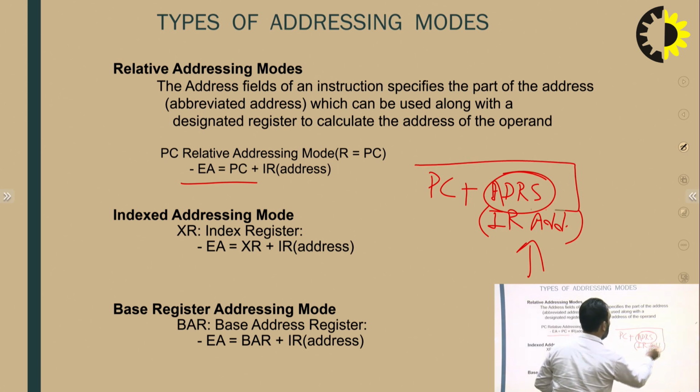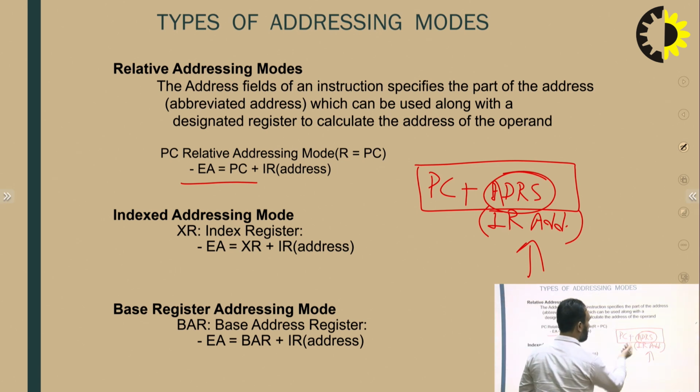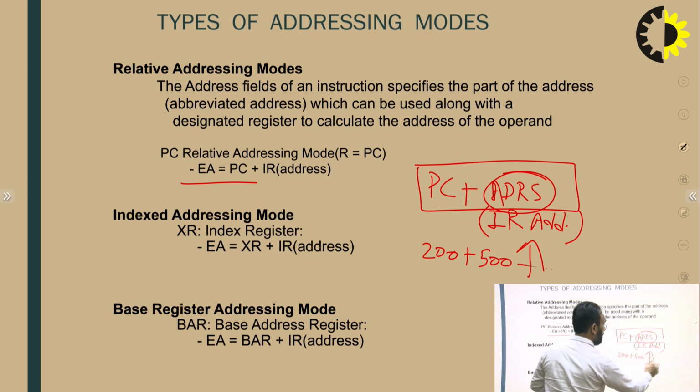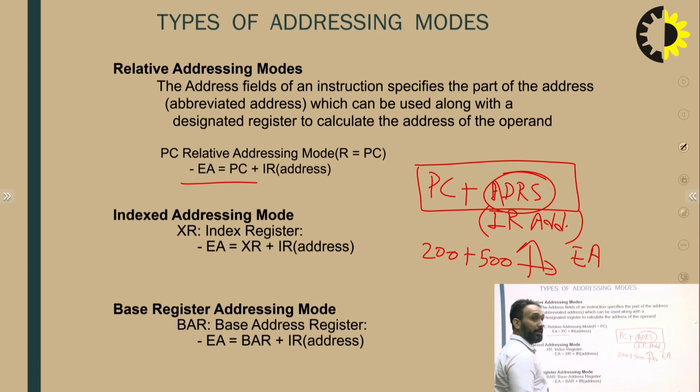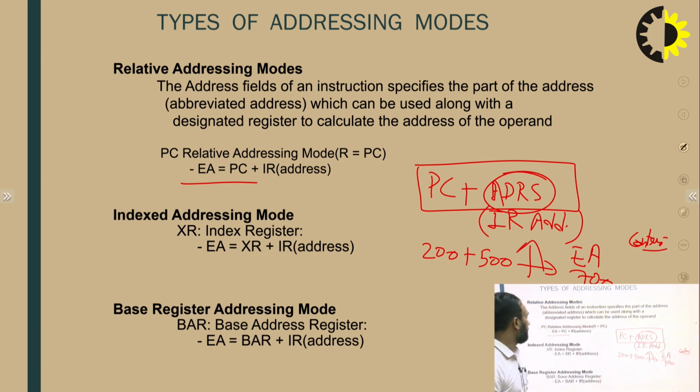So the sum of PC plus address will give the relative address. For example, if PC is 200 and the address specified is 500, then the effective address of relative addressing mode will be 700, and the content may be anything that is stored at the 700 location.